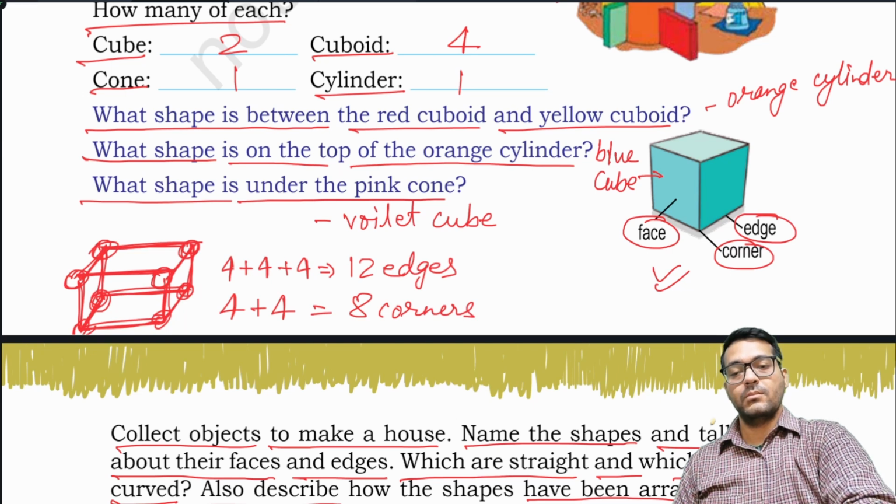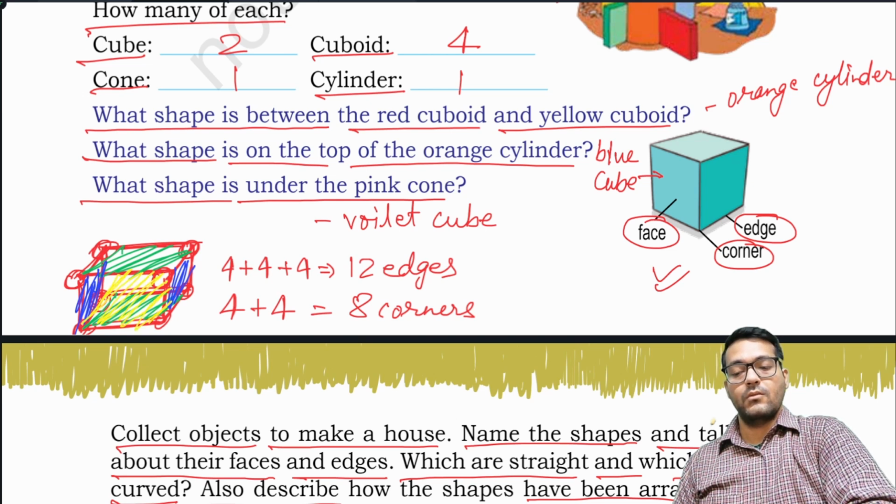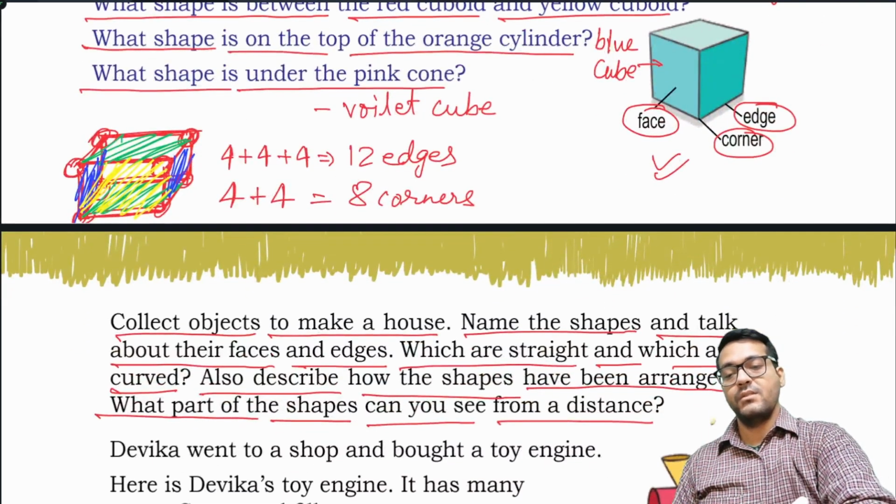And if you count the number of faces, you will get 6 faces. 2 at the top and bottom, 2 in the sides, that is left and right, and 2 in front and back. That means the number of faces is 6.